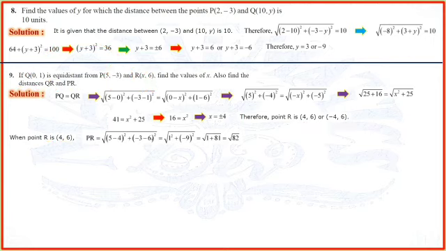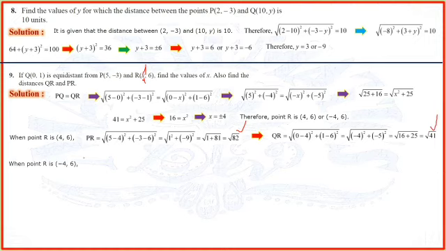So 5 minus 4, 3 minus 3 minus 6 is root 82, and the distance QR is again, 0 minus plus 4, x is plus 4, and then 1 minus 6, and this way it became root 41.